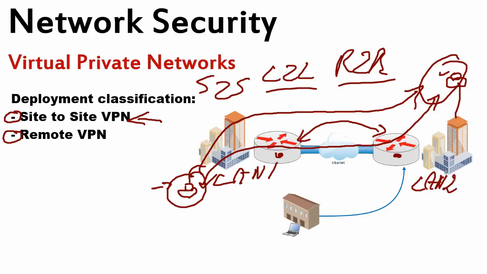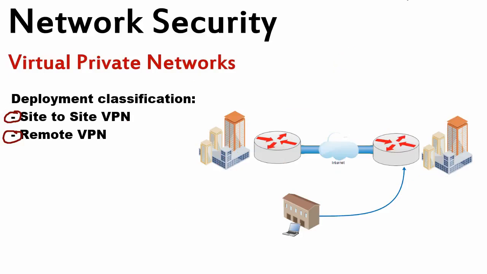We are going to connect these two sites using VPN, but you are going through the internet. It's not a secure place. We don't trust people on the internet. That's why we need a site-to-site VPN.